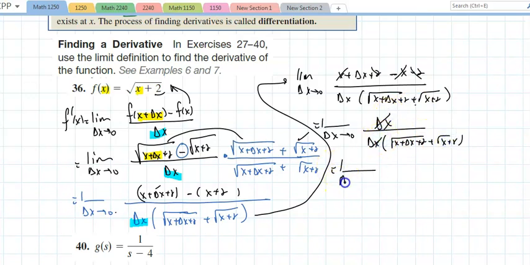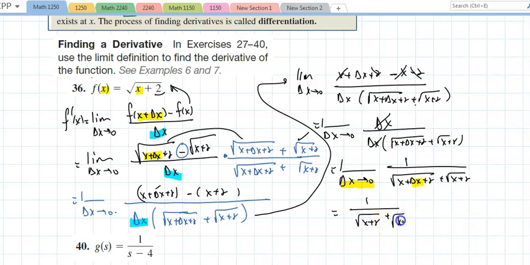And you're left with the limit as delta x approaches 0 of 1 over the square root of x plus delta x plus 2 plus the square root of x plus 2. Now, if you replace delta x by 0, you will get 1 over the square root of x plus 2 plus square root of x plus 2. And if you're adding the same thing, isn't that 1 over twice the square root of x plus 2?